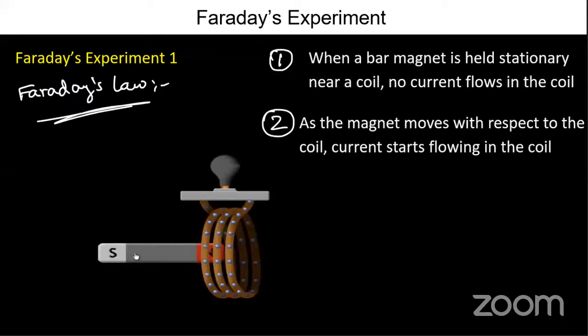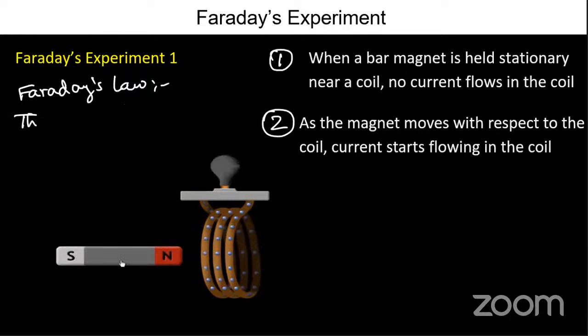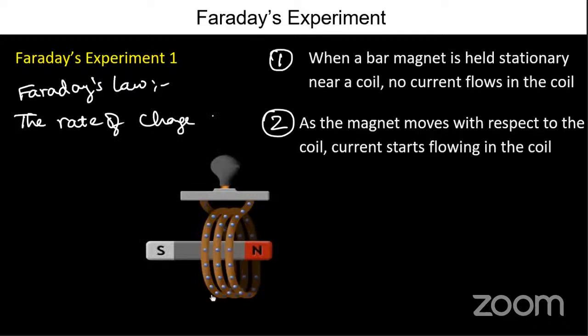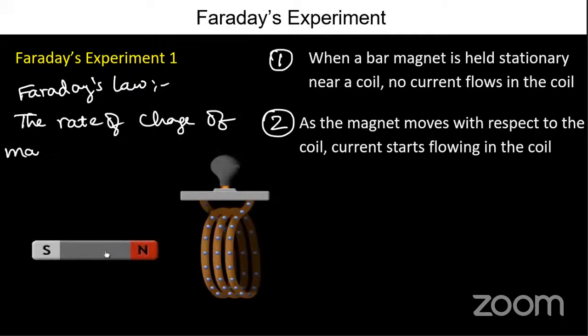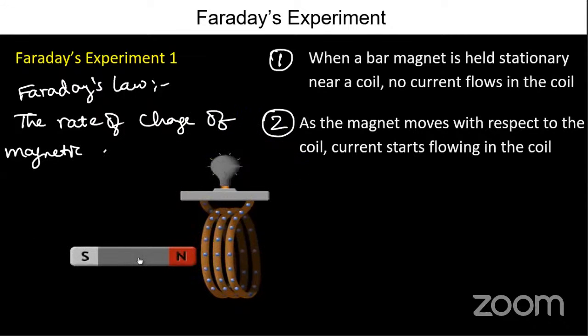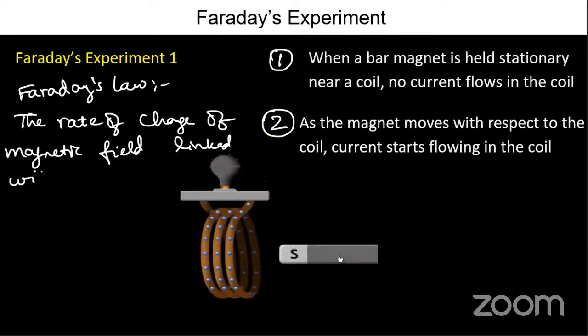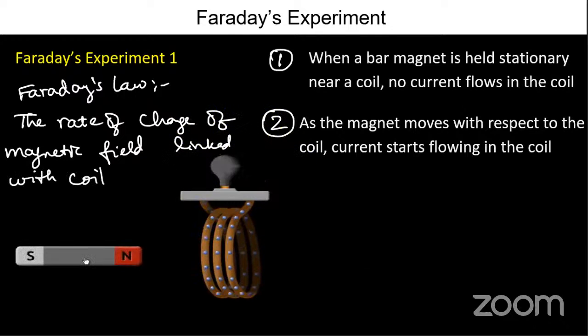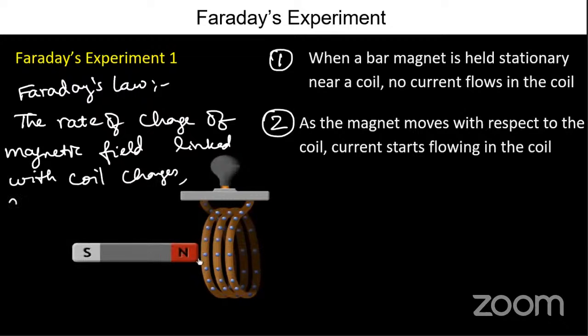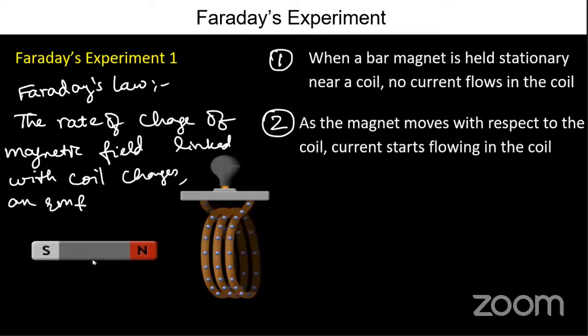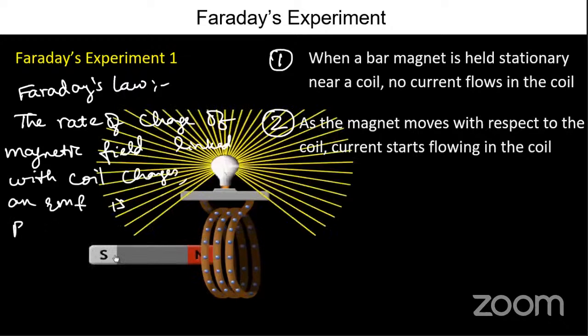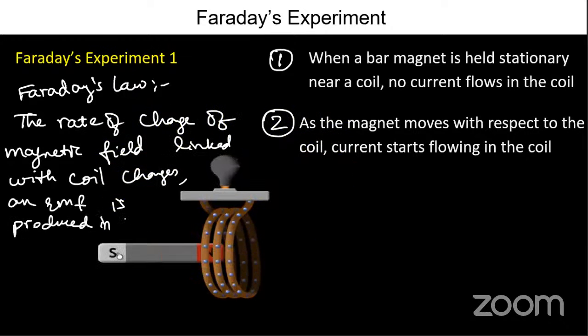Faraday's law, yes. Now guys, we'll use the same law. So what does it mean? The rate of change of magnetic flux or magnetic field linked with the coil changes, and EMF is produced in the coil.